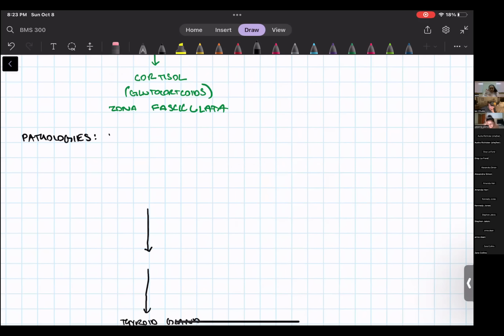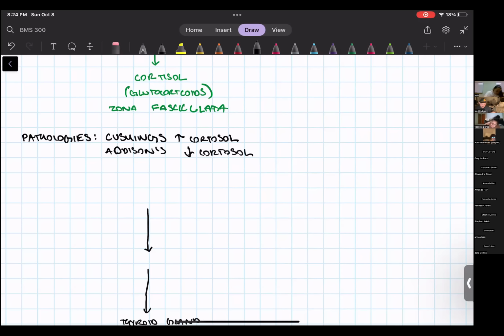So Cushing's, and what causes Cushing's? An overproduction of what? Cortisol. Yep. So overproduction of cortisol. And then what about Addison's? A decreased production of cortisol. Yep. Addison's disease, decrease.